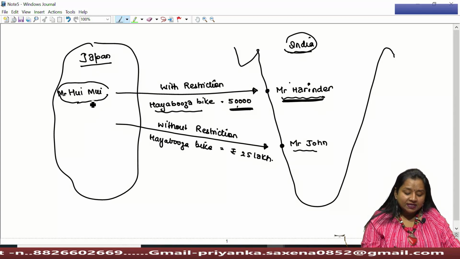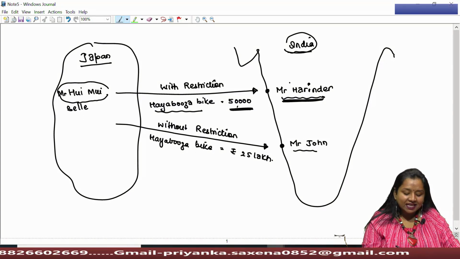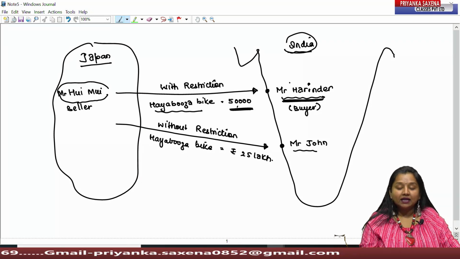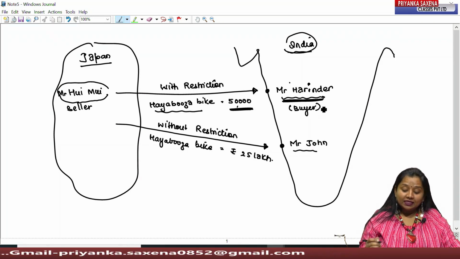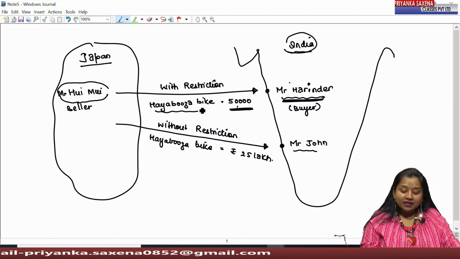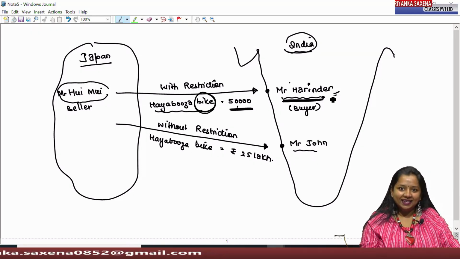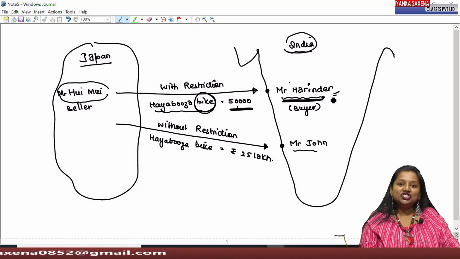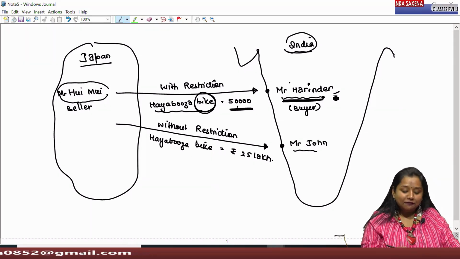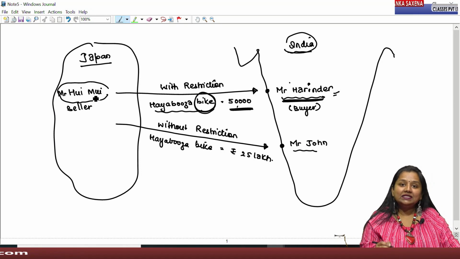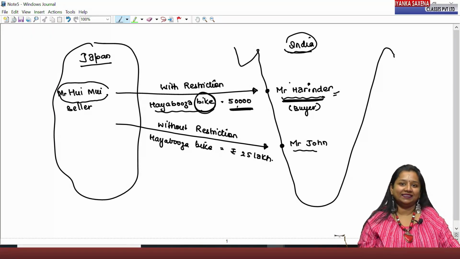However, Mr. Huimui, that is the seller, imposes a restriction on the buyer, that is on Mr. Harinder, that once the bike has been supplied to Mr. Harinder, then Mr. Harinder shall be liable to inform, to intimate Mr. Huimui in relation to the person he makes sit behind his back.